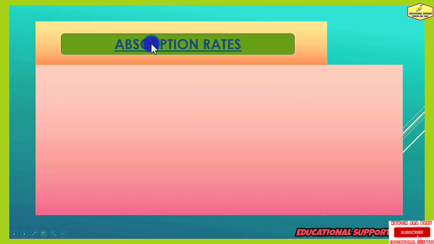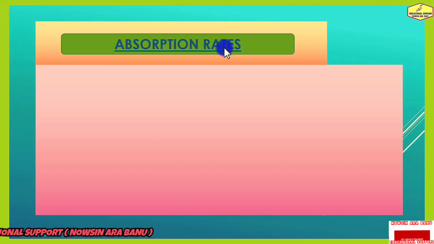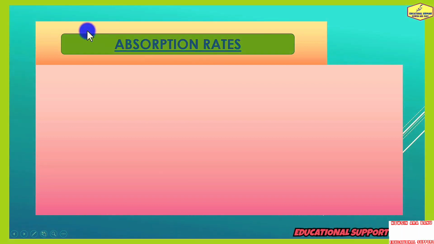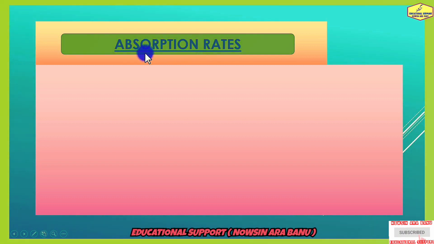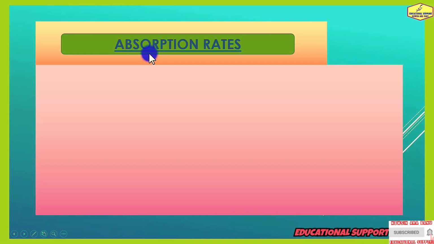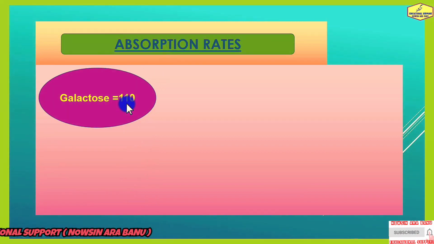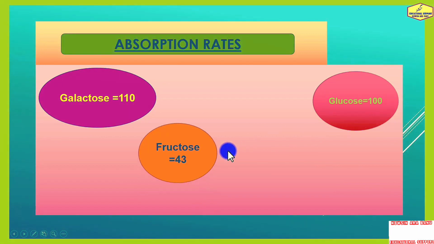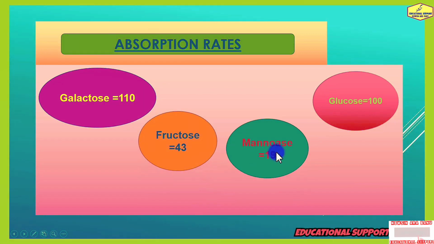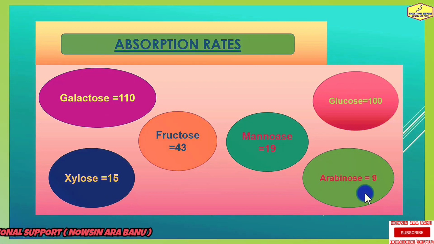Now we are going to discuss the absorption rate. Do you know what the Cori study is? Cori studied the rate of absorption of different sugars from the small intestine in rats. Taking glucose absorption as 100, the comparative absorption of other sugars is galactose 110, glucose 100, fructose 43, mannose 19, xylose 15, and arabinose 9.